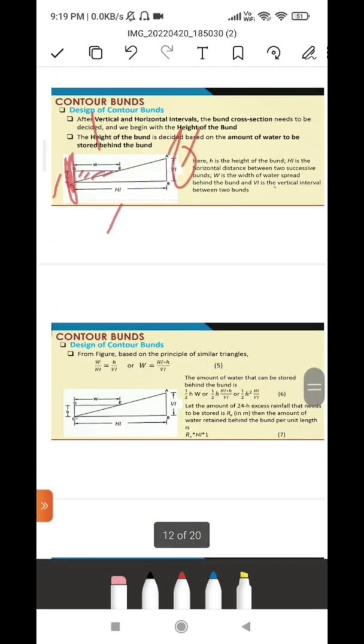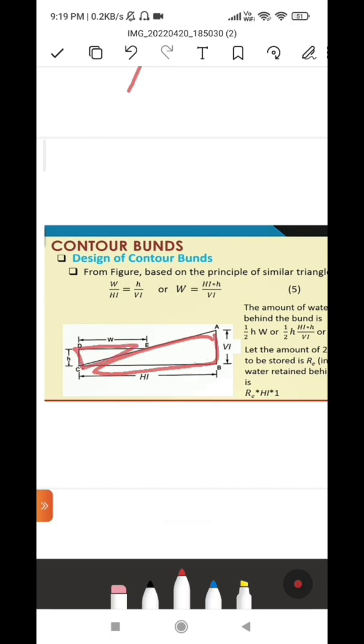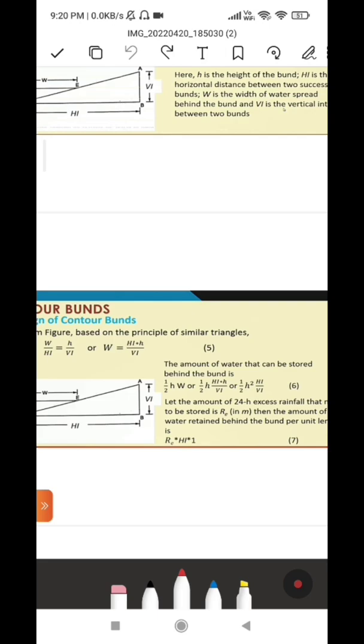From the above figure we can see that these two triangles are similar, so based on the principle of similar triangles, we can say that w divided by horizontal interval would be equal to h divided by vertical interval, and when we rewrite it, the width would be equal to the horizontal interval into height divided by vertical interval.